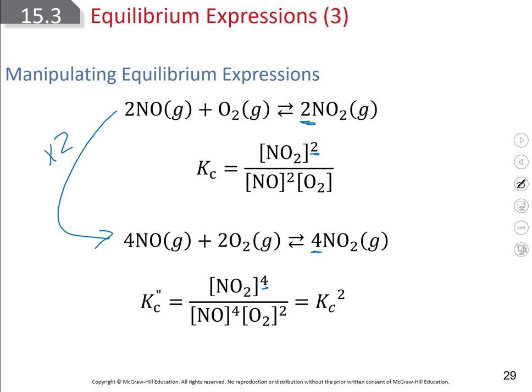So if you multiply the equation by 2, you're going to take your K value and you're going to square it, not multiply it by 2. You're going to square it. So what do you think would happen if I tripled my equation? Cube it. Good. So whatever the factor is you multiply your equation by, that's the power that you're going to raise your K value to.